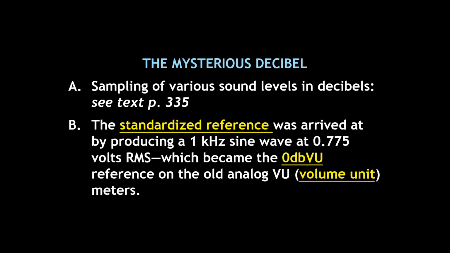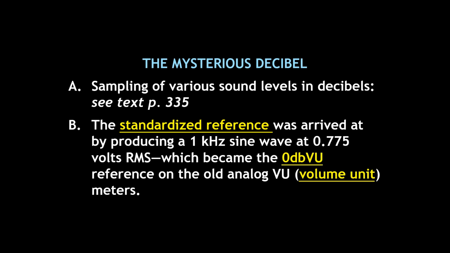But we tend to use the same terminology when we're talking about levels of audio in the studio relative to what we're talking about with the ideal levels. And they don't necessarily match up apples to apples. What you need to understand is that when we talk about those things in the studio, what we're actually talking about is something called the standardized reference.